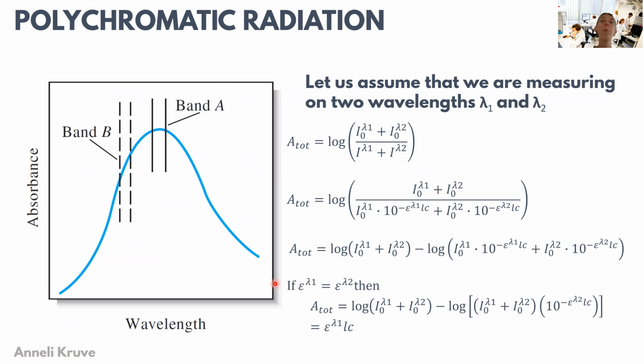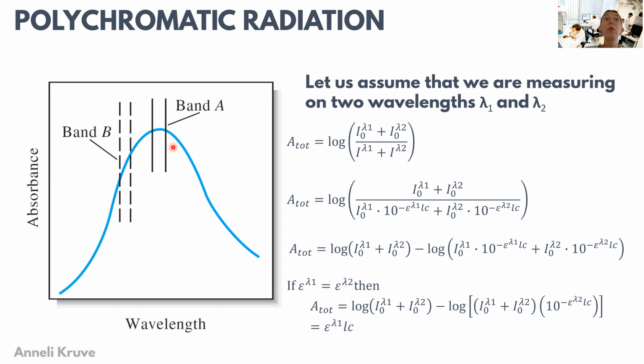Now, when we look more deeply into the polychromatic radiation and the limitations that this is causing, then as said, Beer's law is applying for monochromatic light, so for light at one very narrow wavelength. And this also determines how we should select the wavelength that we are using in our measurements.